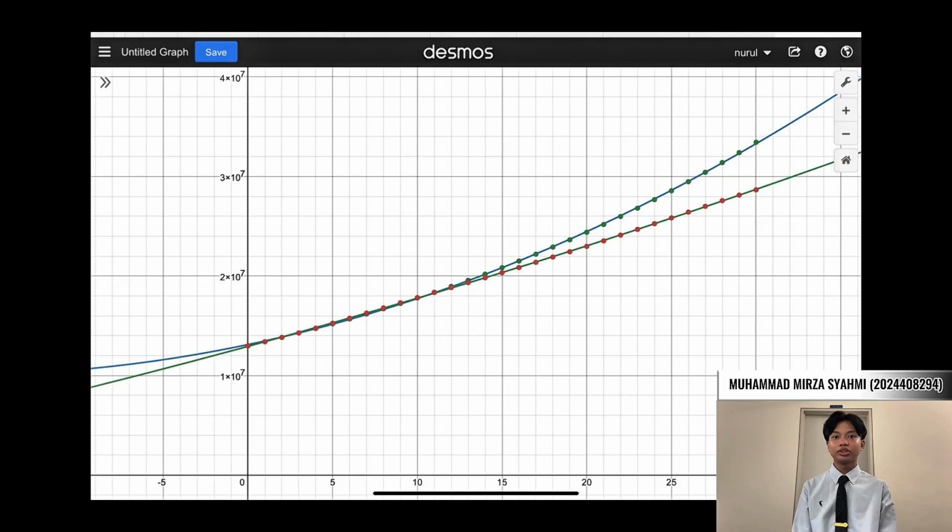The difference happens because the model assumes a constant rate. But in reality, factors like healthcare, economic changes, and policies affect the population growth differently over time. Overall, although the model gave a good approximation in the early years, it becomes less reliable in the long term.